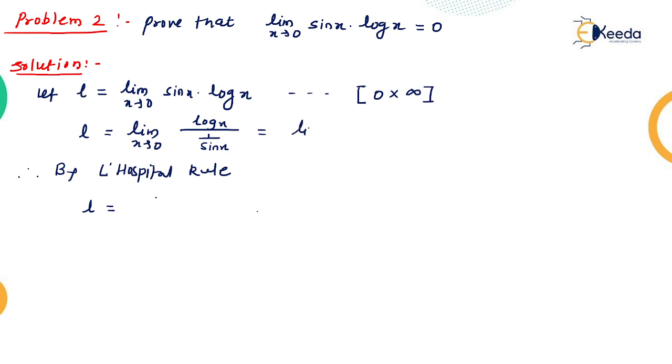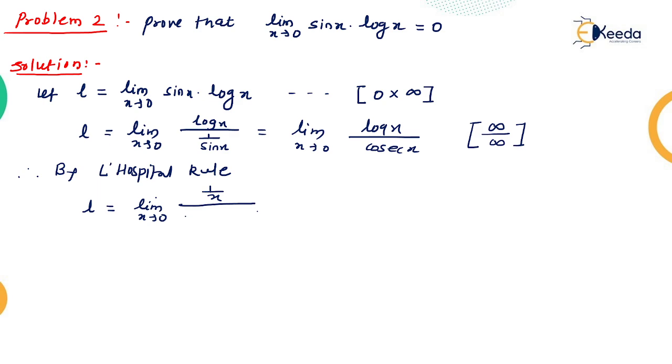This can also be written as log x upon cosec x, because cosec is the reciprocal of sin. Now when we apply the limit, it is infinity by infinity form. Now by using L'Hospital rule, we take the derivative of the numerator and the denominator: the derivative of log x is 1 upon x, and the derivative of cosec x is minus cosec x into cot x.